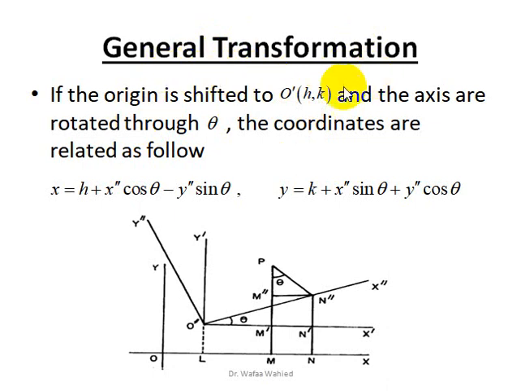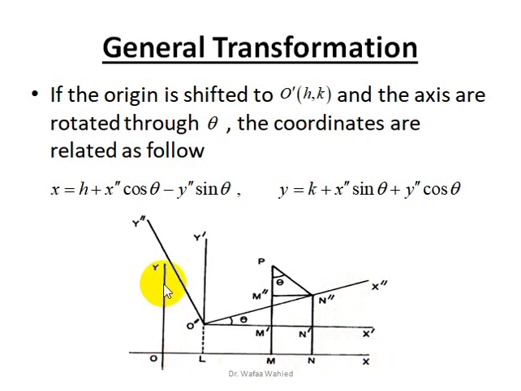In general transformation, the origin is shifted to O dash (H, K), and the axes are rotated through theta in anti-clockwise. So the coordinates are given by the following relation. We note that in general transformation we have two steps. First, we will transform the axis. Second, we will rotate the axis.